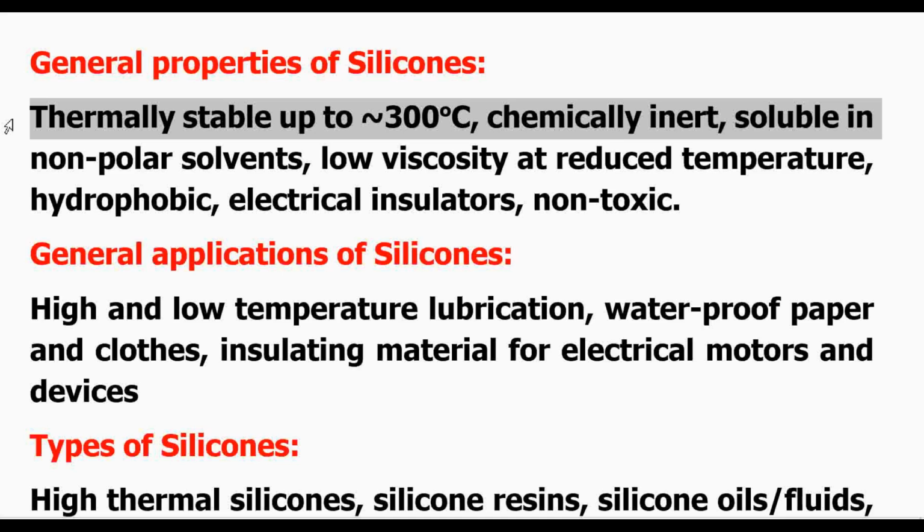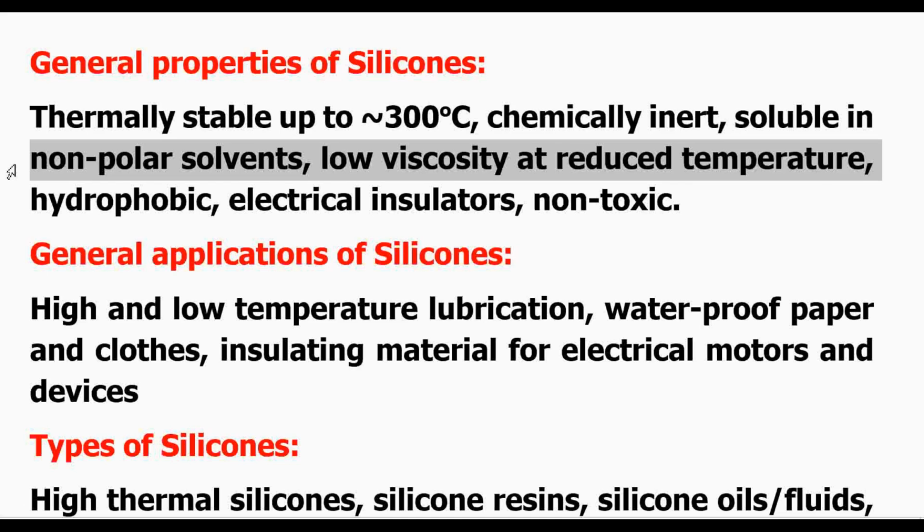They are chemically inert, they do not react very easily. Then they are found to be soluble in non-polar solvents. And the most interesting part is they have low viscosity even at low temperature. When we come to the application part, I will explain to you the importance of this low viscosity at low temperature.